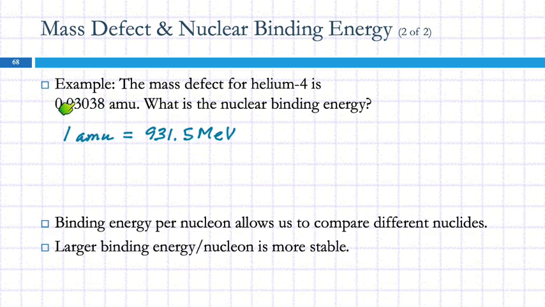Here we have the defect in atomic mass units. We don't need to do what we did in the first example where we convert atomic mass units to grams and kilograms, and then we use Einstein's equation, and then we get an answer in joules. Because here, if they're asking for the answer in mega electron volts, then we'll have to convert back, right?